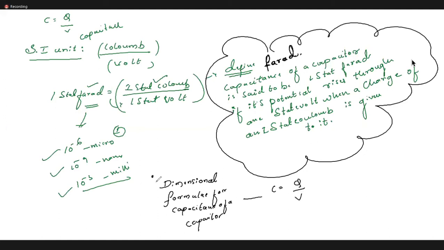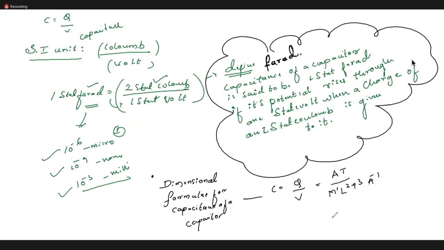Then the next one is the dimensional formula for the capacitance of a capacitor. So what is the dimensional formula for C? Sorry, Q is ampere into time. Here voltage is M power 1, L power 2, T power minus 3, ampere power minus 1.